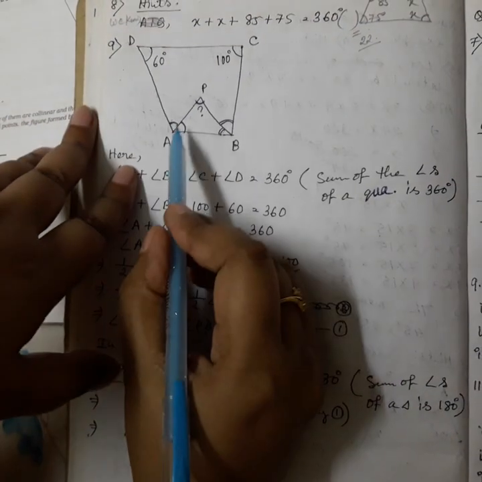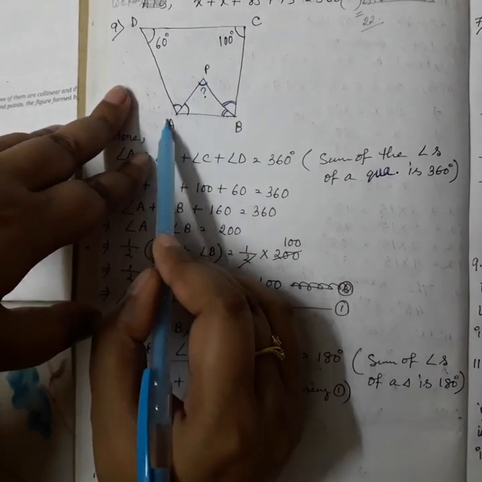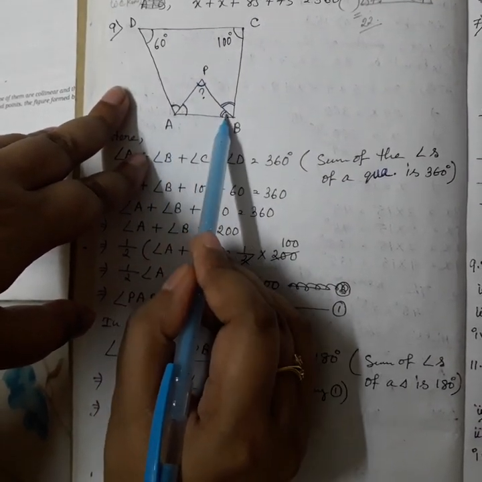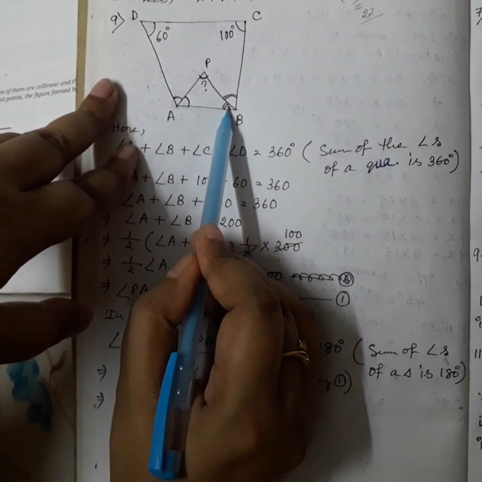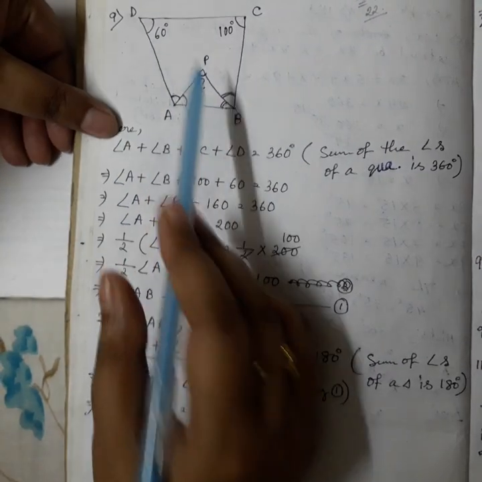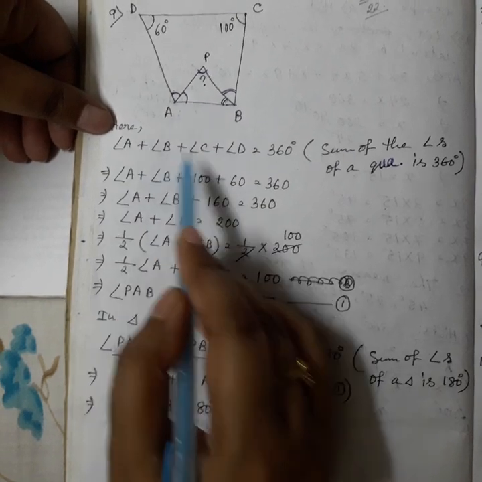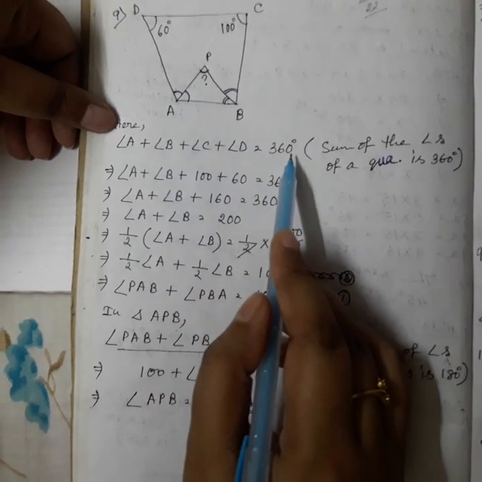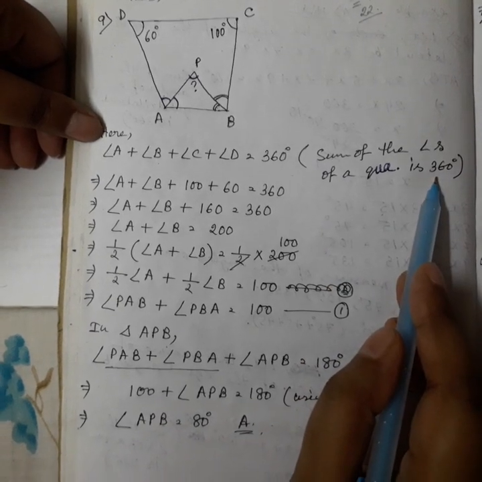So for finding angle APB, if we take the triangle APB, then this angle and this angle will be needed. Then you can apply the triangle property. So for that, first we have taken this quadrilateral, and we know that angle A plus angle B plus angle C plus angle D equal to 360 degree, because sum of the angles of a quadrilateral is 360 degree.